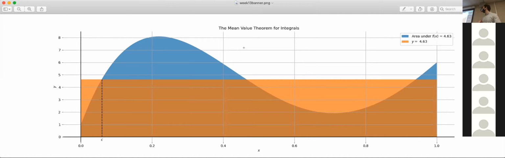And that's all this is saying, is that you can just sort of fill in the gaps and level off the mountains so that you get just this nice rectangular picture here. That's all the mean value theorem for integrals is saying. So let me switch back.